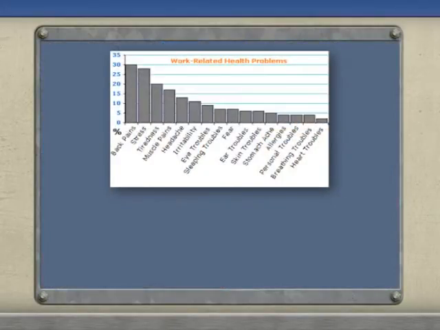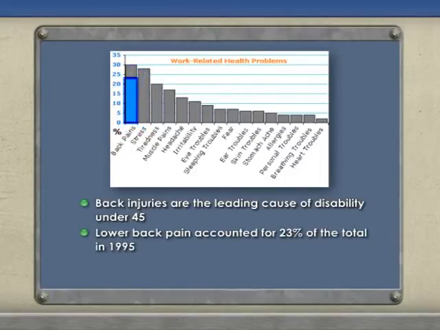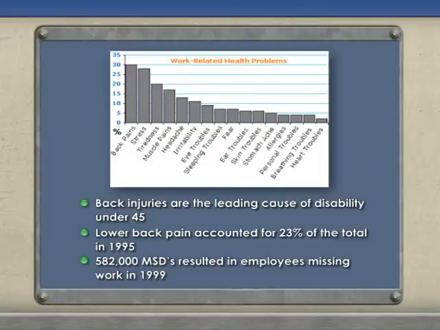Musculoskeletal disorders are a significant economic issue. Back injuries are the leading cause of disability for people under 45 years of age. Lower back pain accounted for 23% of the total, or $8.8 billion worth of workers' compensation payments in 1995. According to the Bureau of Labor Statistics, there were 582,000 MSDs that resulted in employees missing time from work in 1999.